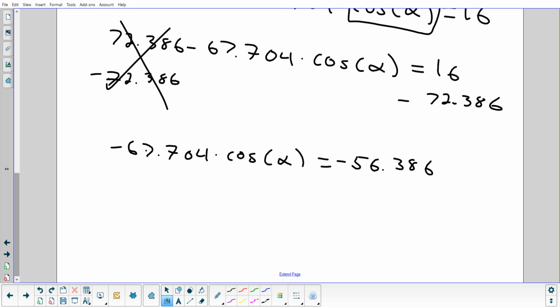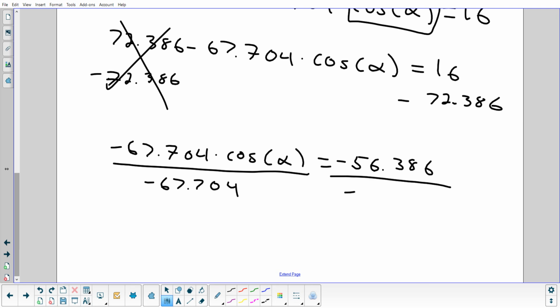One more step to get cosine alpha by itself, and that's to divide each side by the negative 67.704. I'm not going to do that out on the right side because I don't want to keep rounding it. What I will do though is cancel out the negative because negative divided by negative is positive.